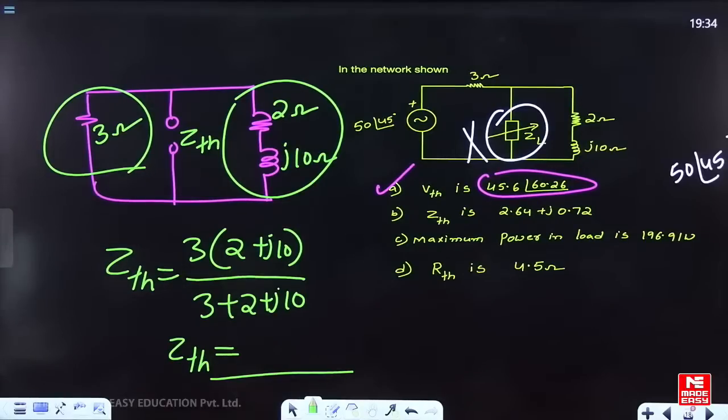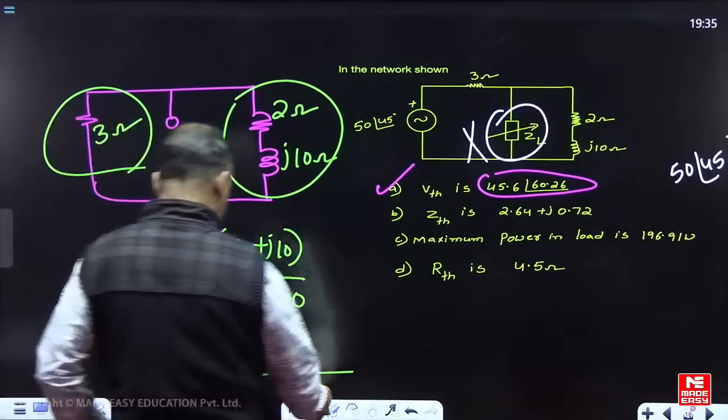Can you find the ZTH value, simplify. Oh, very good. That means ZTH is also correct. Very good, Abhishek Kumar, very good. That means B option is also correct.